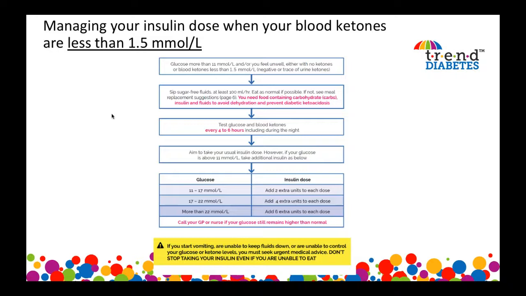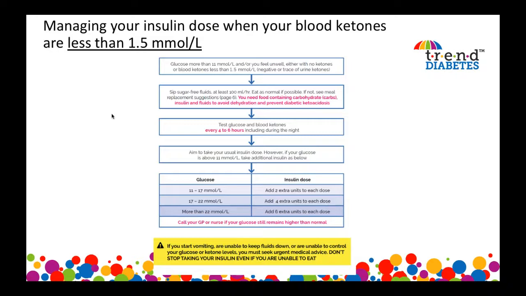In that scenario, you would test the blood glucose and ketones every 4 to 6 hours, as long as they can drink. If they need to take more insulin and the glucose is above 11, we advise exactly how much to take. I don't know that I've seen many other leaflets that do this; there are 1 or 2.